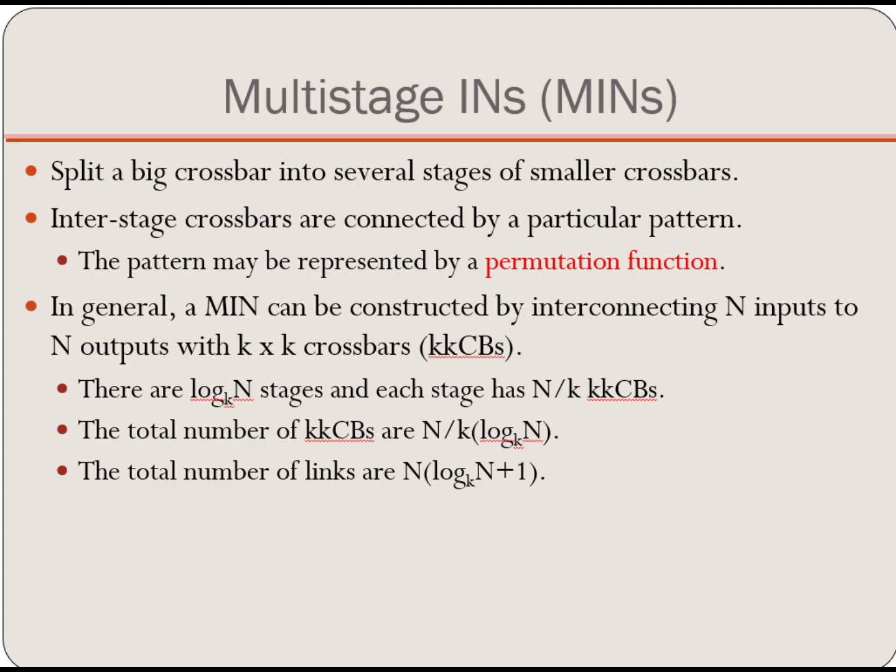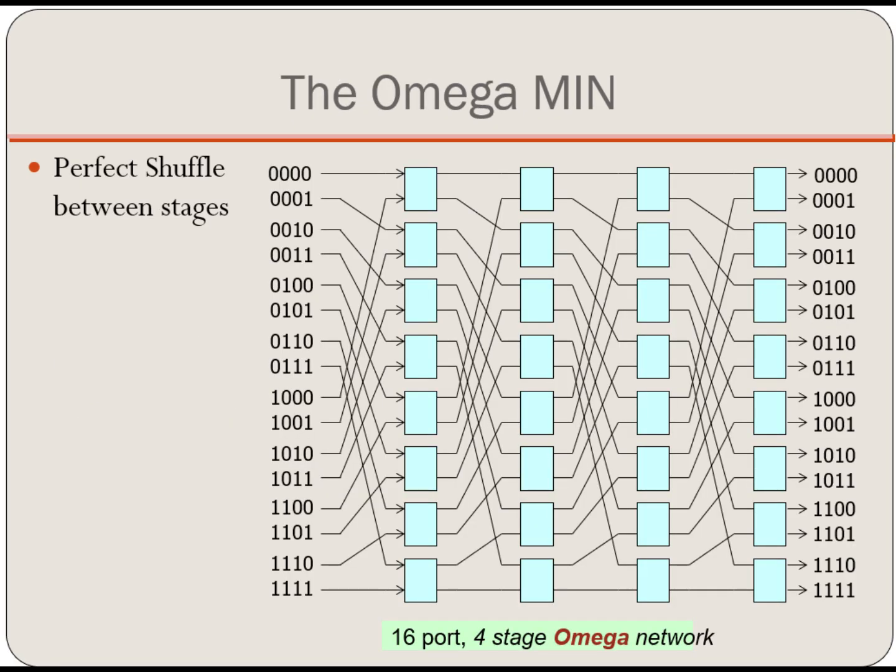Here is a typical example of an omega network, and the connections are all made by perfect shuffle patterns.